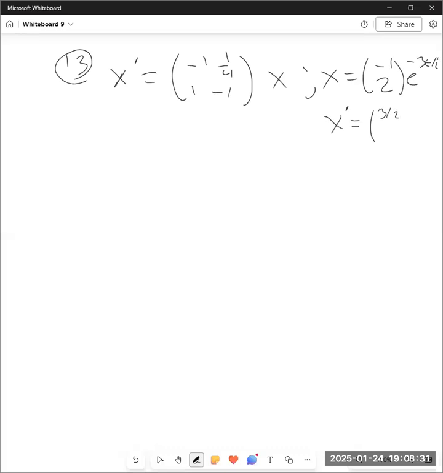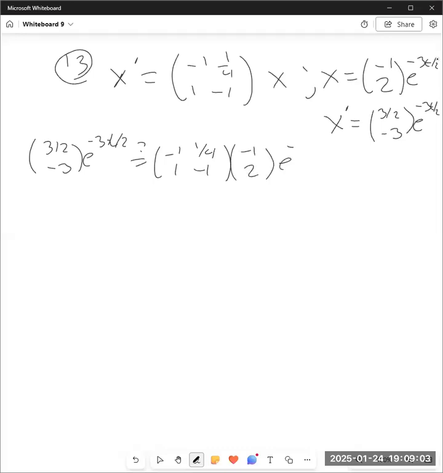So this is [3/2, -3] e to the -3t over 2. And let's see if that's the case. When I multiply here, is [3/2, -3] e to the -3t over 2 equal to [-1, 1/4; 1, -1] times [-1, 2] e to the -3t over 2?